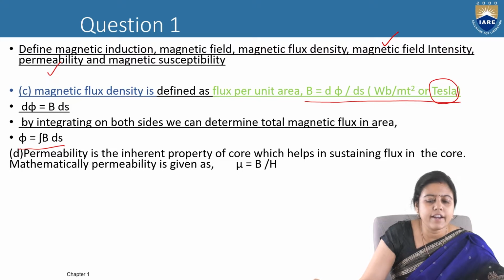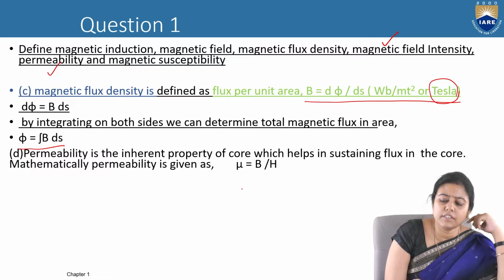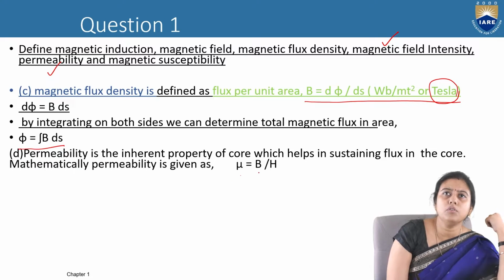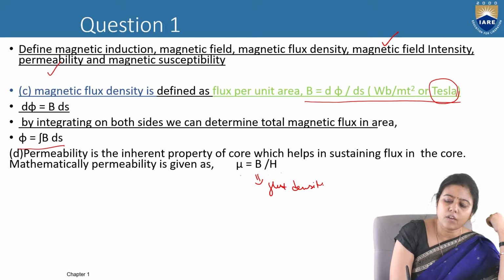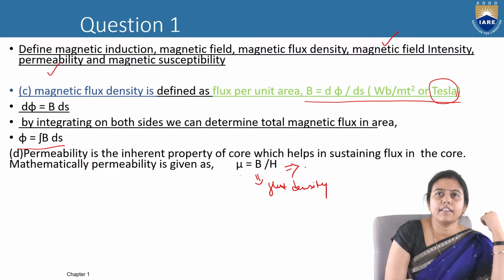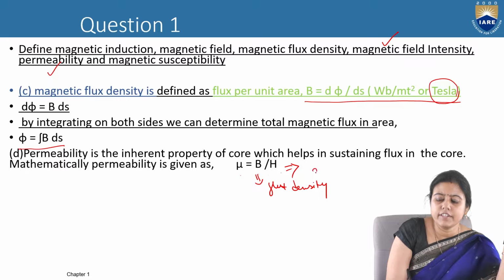And how can we write the permeability? Permeability is written by mu. Mu is equal to B by H. What is B? B is the flux density. What is H? H is the magnetic field intensity.